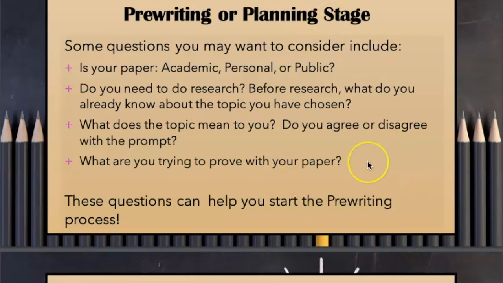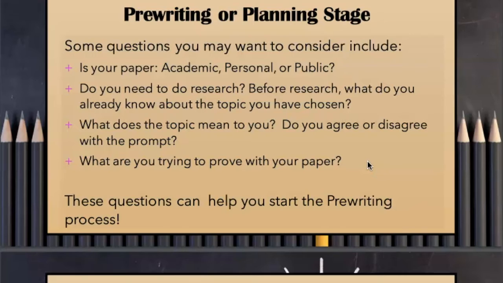Here are some different questions that might help you when pre-writing. What kind of paper is it? Is it for class? Is it academic? Or is it personal? Or is it going to be a public speech? Do you need research? If you do need research, what's the topic that you're researching? Do you already know about it? And if not, what kind of resources do you need?